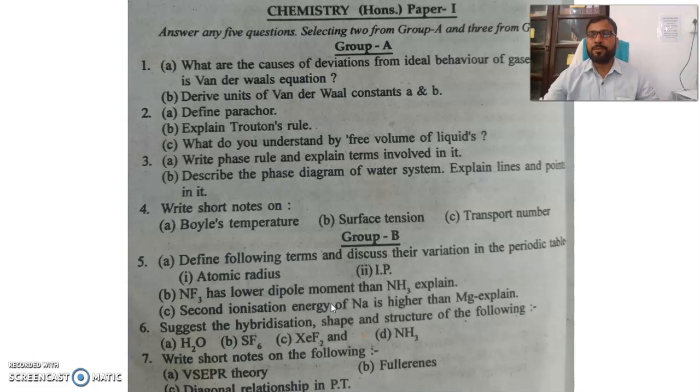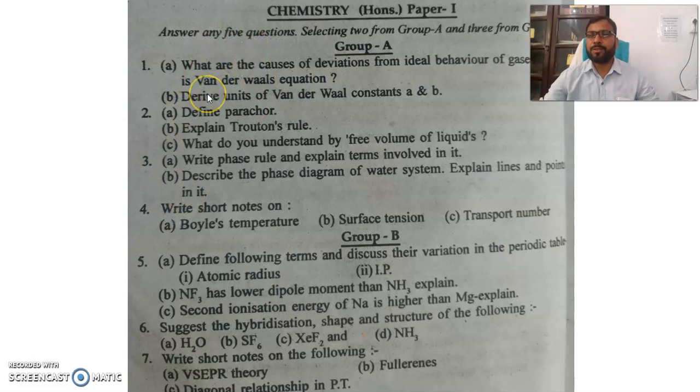I would suggest you, before attempting any questions from the question paper, you have to read the instructions. You can see the instruction is here.